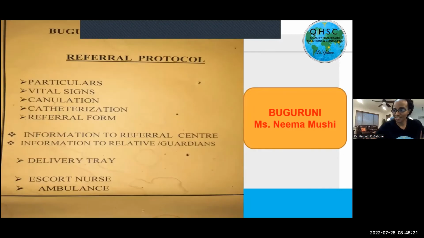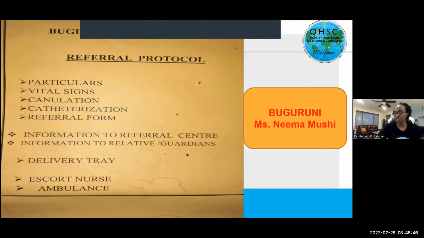So just in case this patient was not able to be managed and needed to be transferred, we at Buguruni have a protocol, just called the Referral Protocol, which itemizes things that the nurse needs to do, like vital signs, cannulation, catheterization, delivery tray, and all the stuff. Those things the escort nurse has ready to go when they need to transfer that patient.